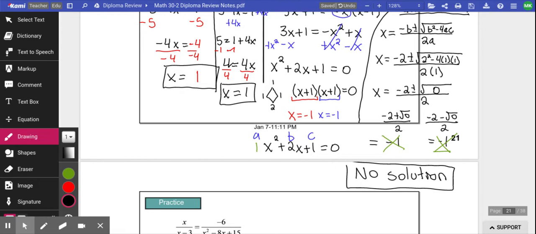And you would have to write no solution. Assume that the person marking your diploma has no idea about anything with math. They were looking for an answer. If you didn't put an answer and you didn't put no solution, they assume that you don't know anything. They don't assume that you know there's no solution. So state that there's no solution. Demonstrate you know it.